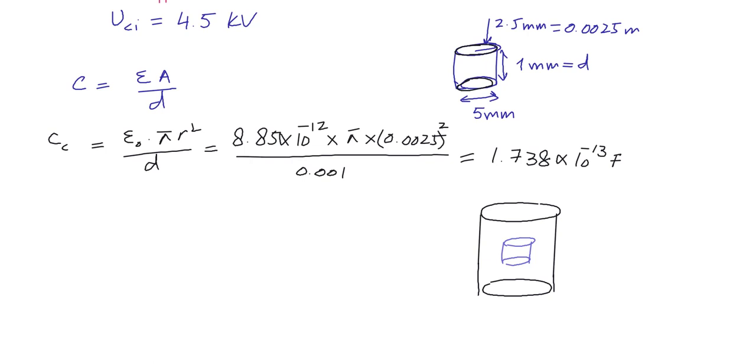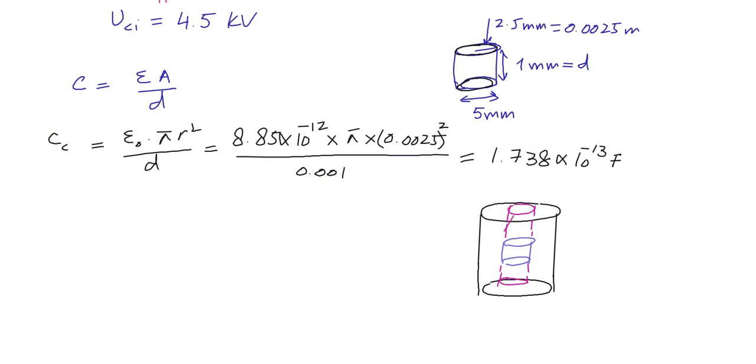Now CB is actually the capacitance of the healthy part of the insulation, which is in series with the cavity.